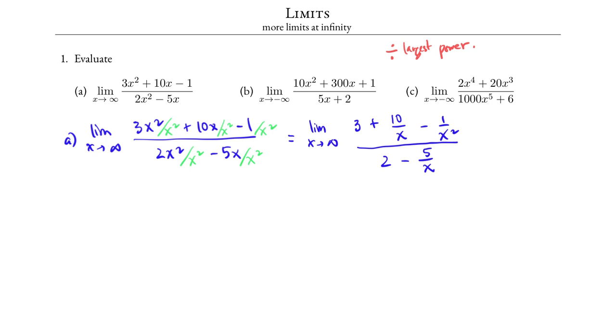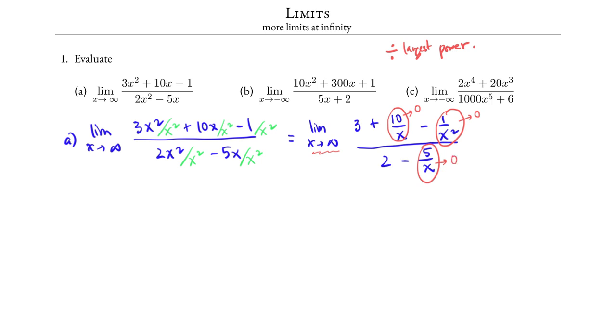Now, as x goes to infinity, x squared also goes to infinity. In other words, as x gets arbitrarily large, x squared is also getting very large, but 1 over a very large number is almost 0. In terms of the limit, 10 over a very large number is almost 0, and 5 over a very large number is almost 0.